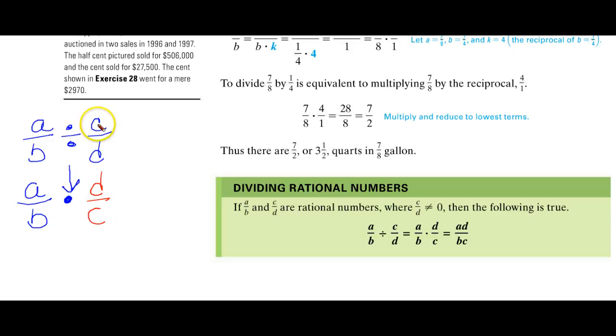So C over D, flipping it gives us D over C. So then we just carry on our multiplication. So anytime you have division of fractions, we will convert it to a multiplication by flipping, taking the reciprocal of the second item. Let's try some.